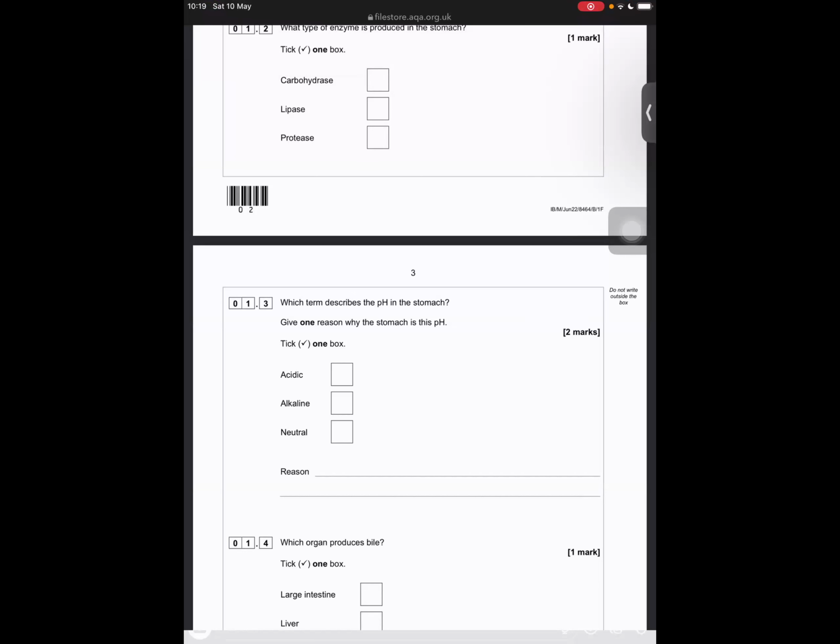So I'm even thinking whether it might be acidic just because of the reason that fatty foods will be broken down into fatty acids. So I might go with acidic based on that reason. But what does the marking scheme say?